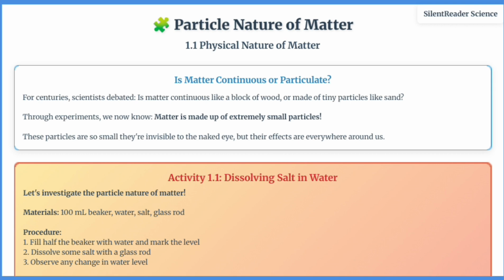When we dissolve salt in water, the water level doesn't rise significantly because salt particles fit into the spaces between water particles. Even more amazing, just a few crystals of potassium permanganate can color about 1,000 liters of water. This shows that particles of matter are incredibly small, much smaller than we can imagine. These tiny particles are the building blocks of everything we see around us.